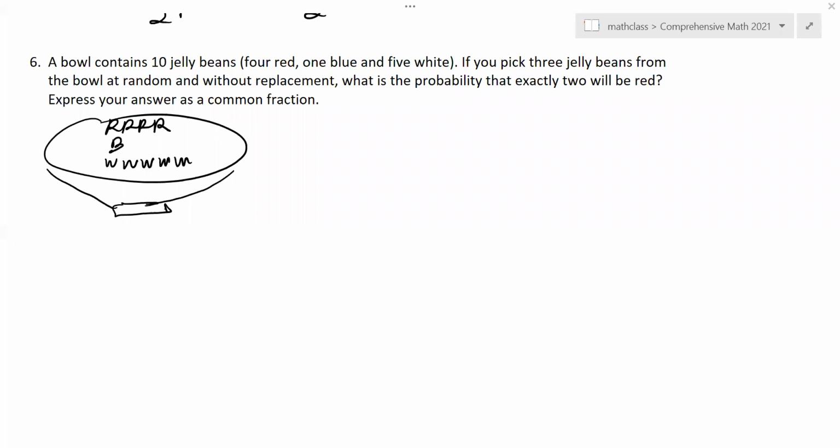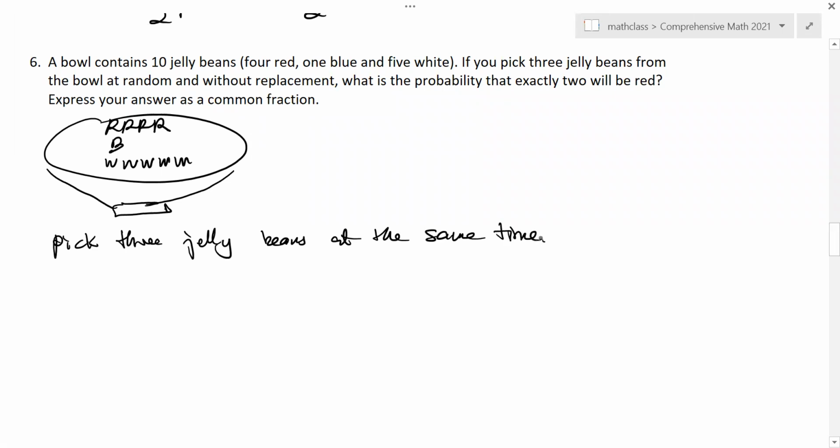You can pick up 3 beans one by one, or you can also just grab 3. So let's just take 3 without the order, picking up 3 beans at the same time.